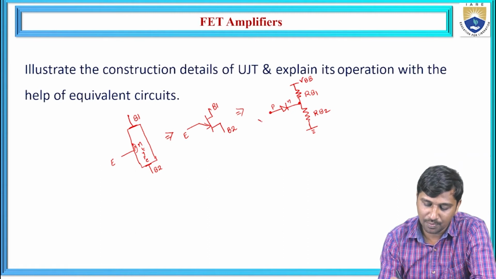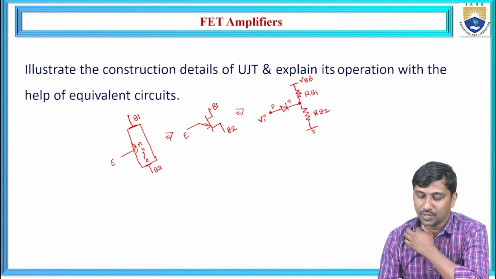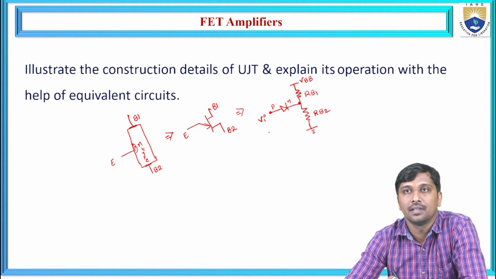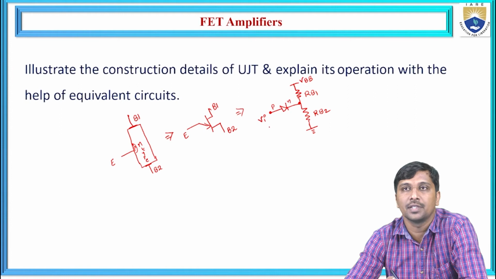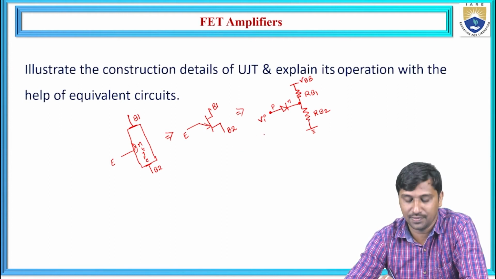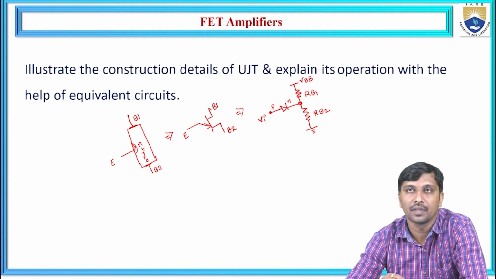Here we are going to apply an input voltage. First we need to identify at which voltage the UJT changes state from on state to off state or off state to on state. To identify this, first we need to find out how much equivalent voltage is produced at this node.